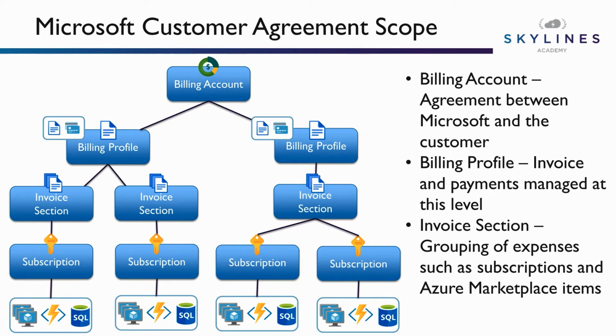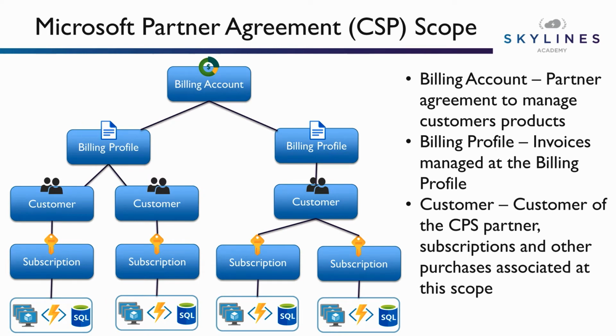Invoice sections are used to group costs, such as subscriptions and Azure Marketplace items. For a Microsoft partner agreement used with a CSP, the billing account represents the agreement to manage Microsoft products. Invoices are managed at the billing profile, and costs of subscriptions and purchases are scoped at the customer level.